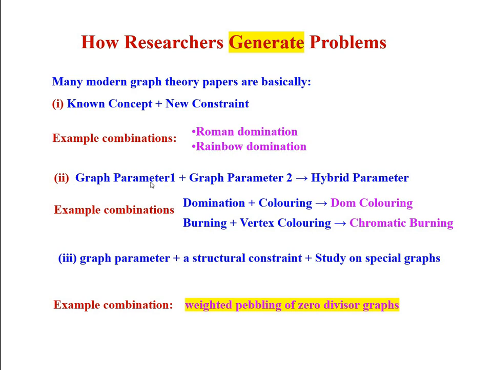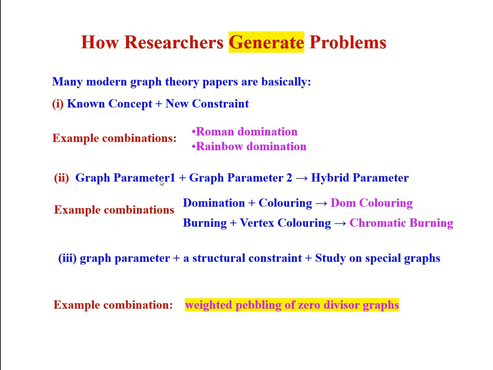Then graph parameter 1 plus graph parameter 2. See, so far we have been saying that you have graph classes, that is subclasses, and then a graph parameter. Then the research question needs to be asked, and then you will have the results. But now, nowadays it is the trend: graph parameter 1 plus graph parameter 2.